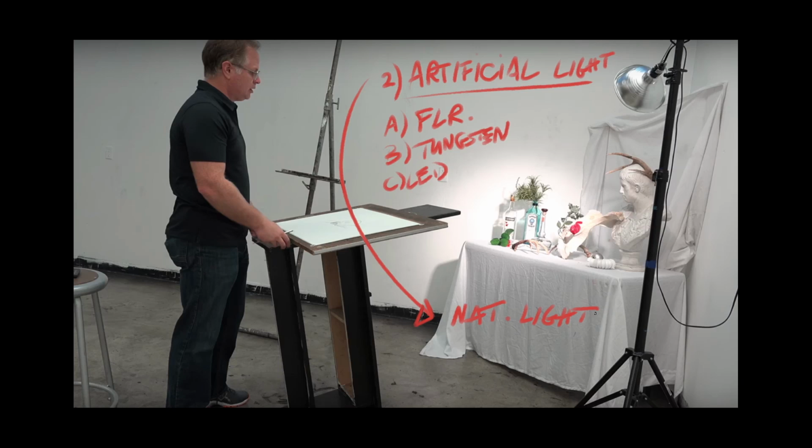Artificial light usually has a starker contrast to it, unless the artist has adjusted that, where natural light is a little softer, a little bit more subtle, if you will, in terms of rendering objects.